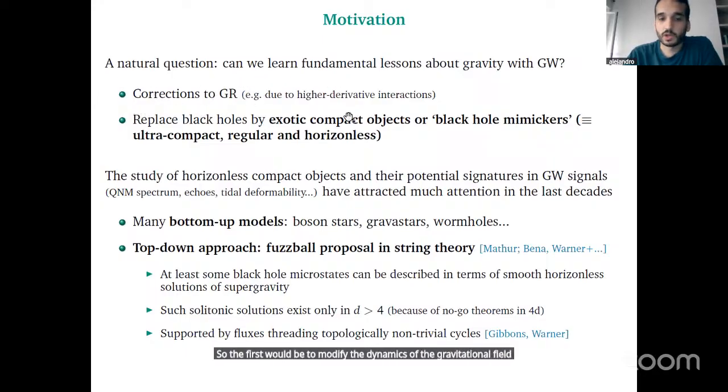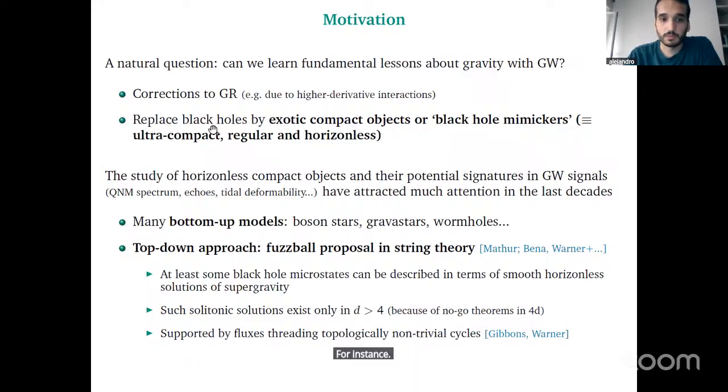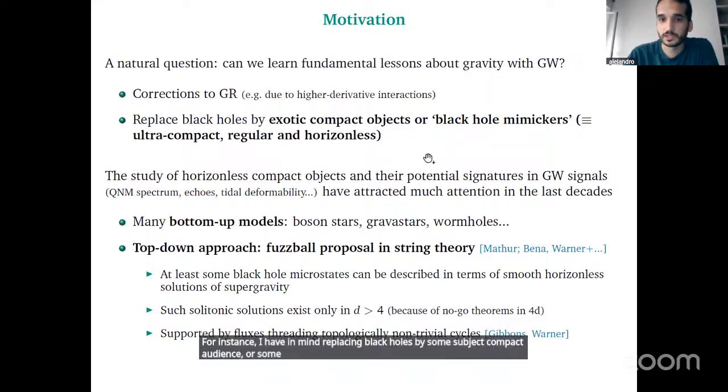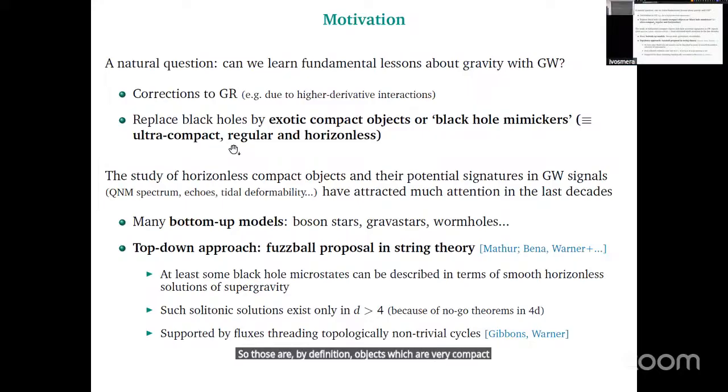For instance, one can think of adding some kind of higher derivative interaction terms to the Einstein-Hilbert term. And the second would be to modify directly the sources. So, for instance, I have in mind replacing black holes by some exotic compact objects or some black hole mimics. Those are, by definition, objects which are very compact, which are regular, and which have no horizon.